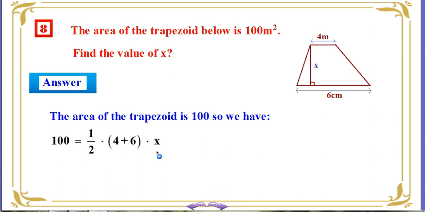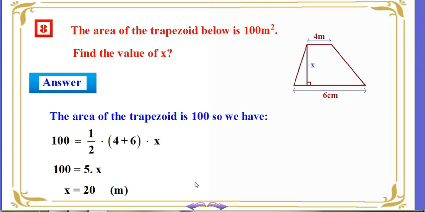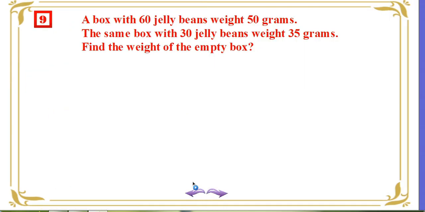Solving this, we have 4 plus 6 equals 10, divided by 2 gives 5. So the right side is 5 multiplied by h. To get h, we get h equals 100 divided by 5, so it equals 20 meters. We have finished exercise 8. Now we continue with exercise 9.